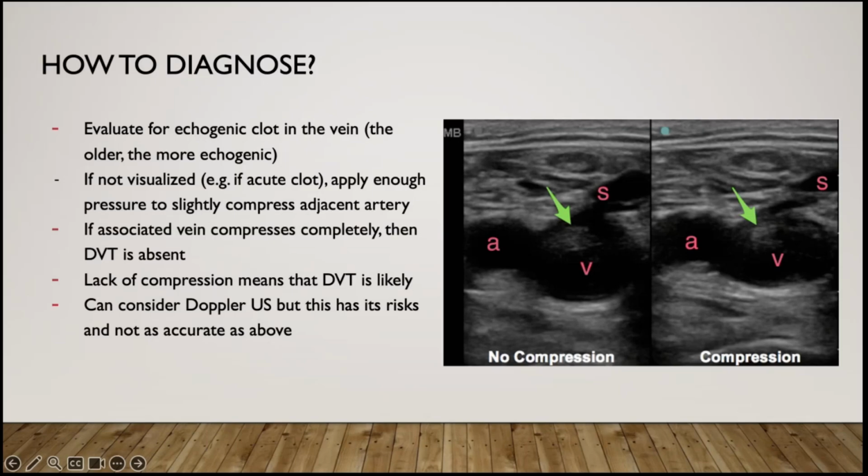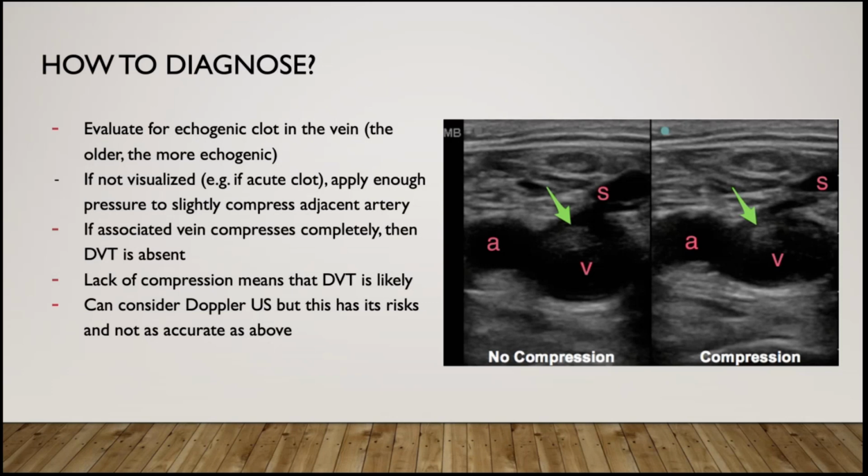And lastly, this one is to be taken with a grain of salt, but you can add color Doppler on top of the vein and squeeze distal to where the vein is to try to get flow and see if flow is going through the vein. What you would expect to see is that flow does go through, and you'll see that light up on color Doppler.